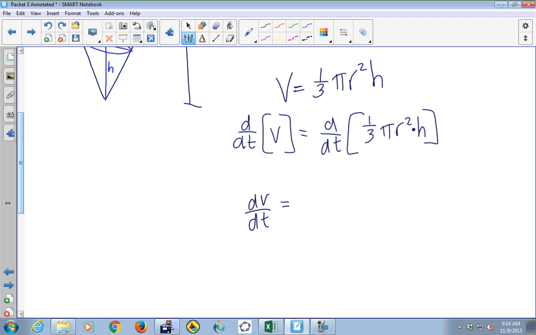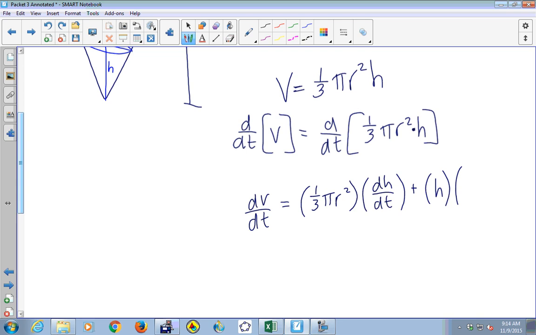And then h will be my second factor of my product. So the product rule says do the first, and you don't do anything to it, you just copy it first, right? Times the derivative of the second. What's the derivative of h? dh dt. So that's first times the derivative of the second plus the second times the derivative of the first.